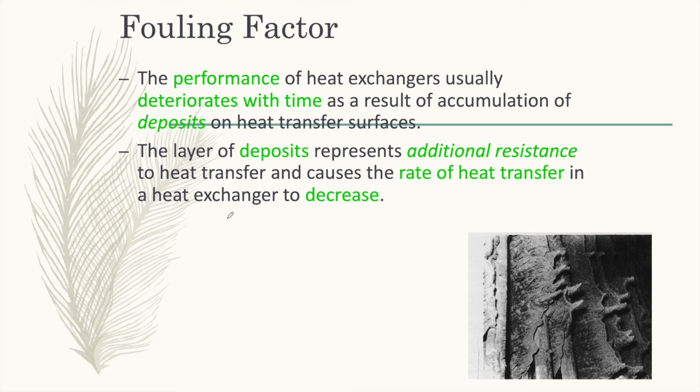Because it will have a thickness, it wraps around your tubes, inside or outside of the tubes, and it will create another resistance. The resistance comes from that accumulation of deposits.